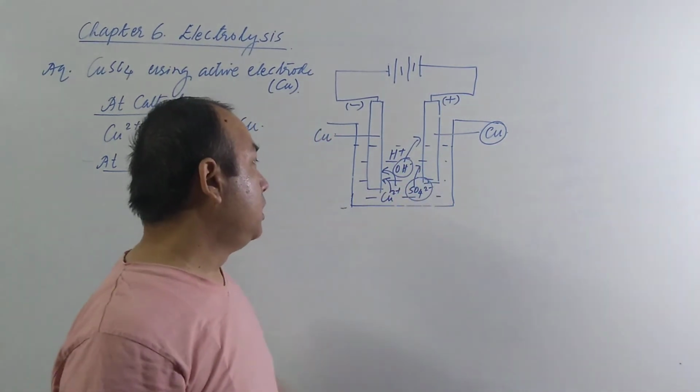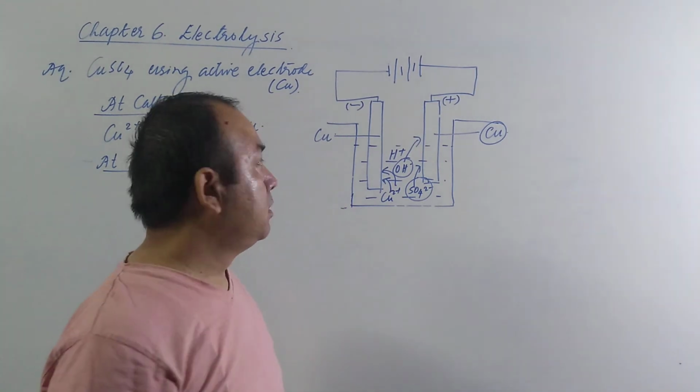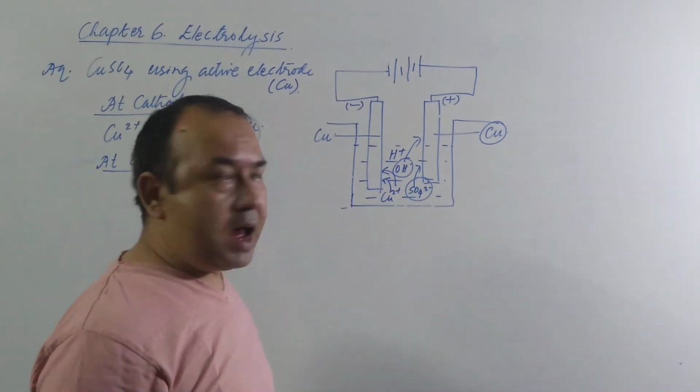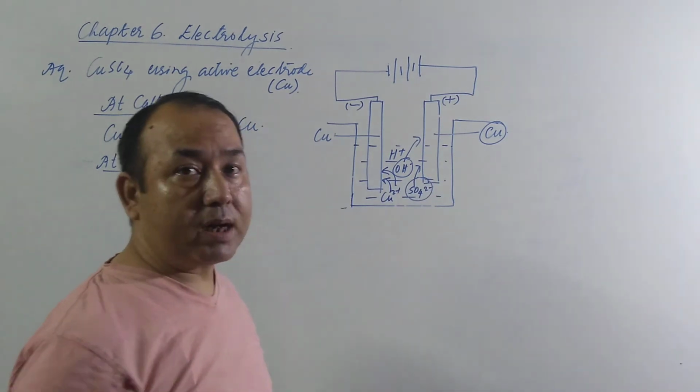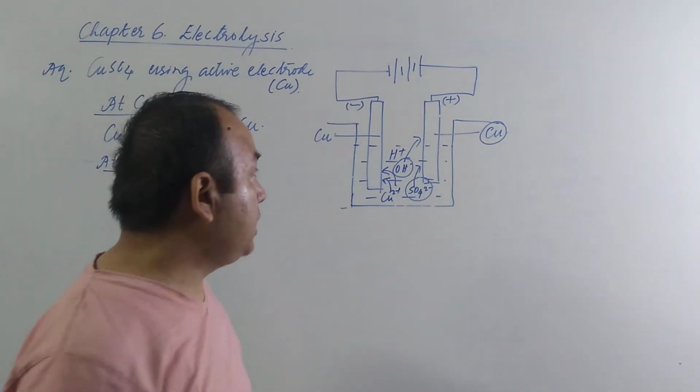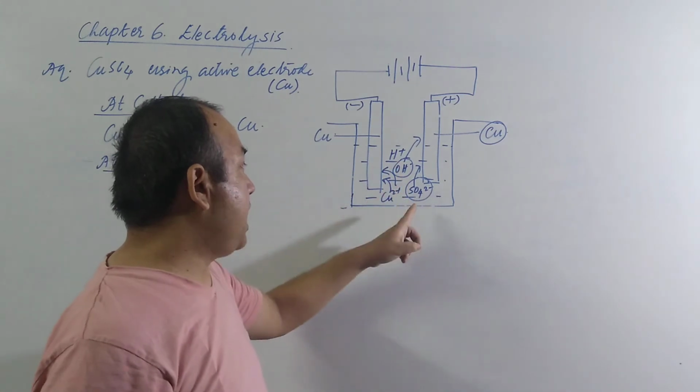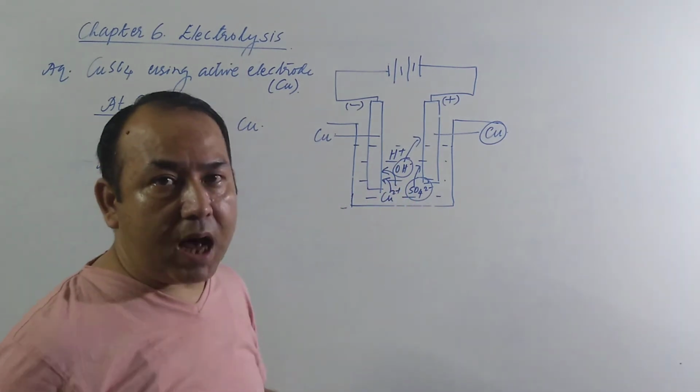As compared to anions, the non-metallic ions, metals usually have a greater tendency to lose electrons. So that is why hydroxyl ion and sulfate ion will not get discharged.